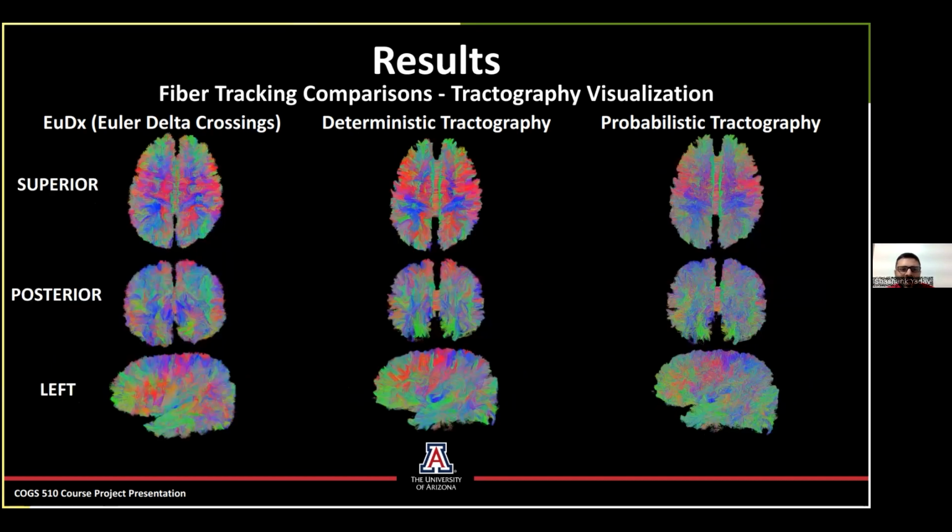And in the next slide, I have put the superior, posterior, and the left view to just illustrate that different tractography algorithms would give you different kinds of views, but it's up to the user which algorithm they think would be best suited for their purpose.